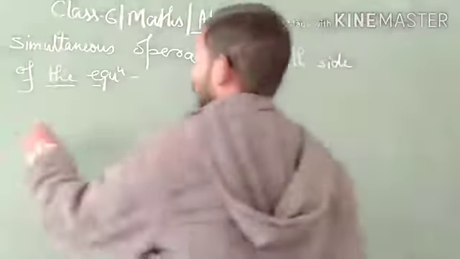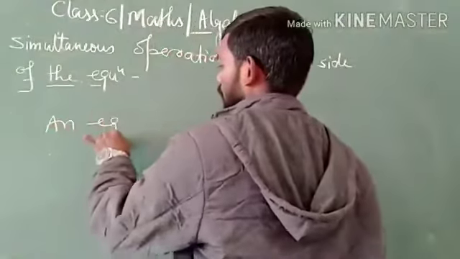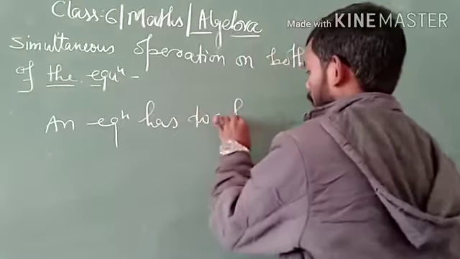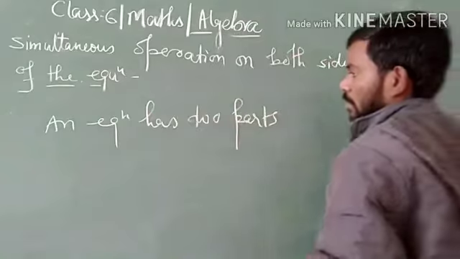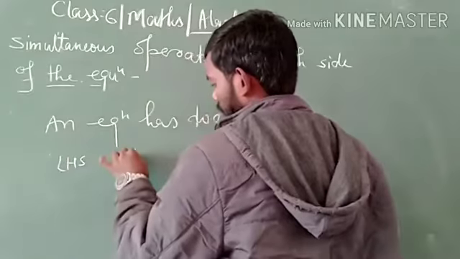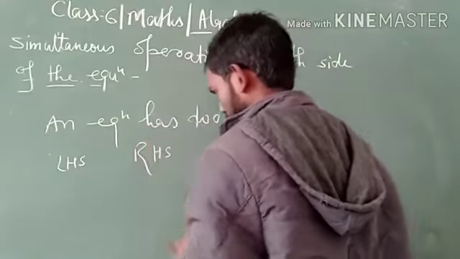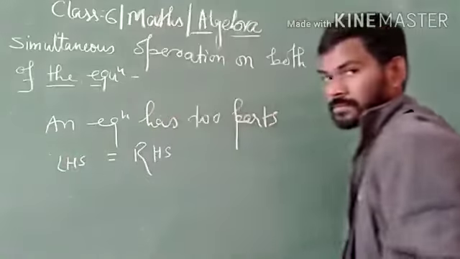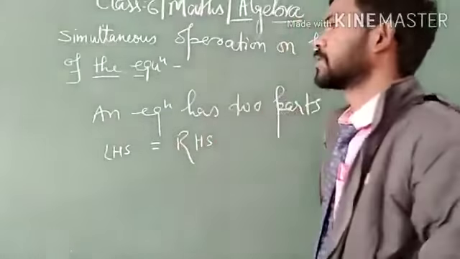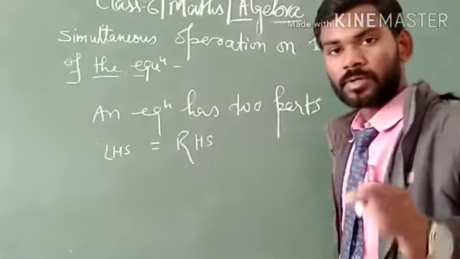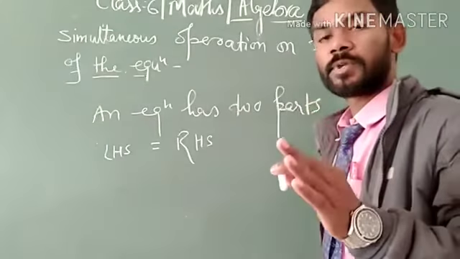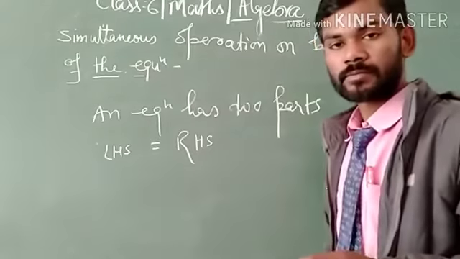Since we know that an equation has two parts, one which is known as left hand side and another as right hand side, in this method we shall follow a rule which states that we operate the same number on both sides.